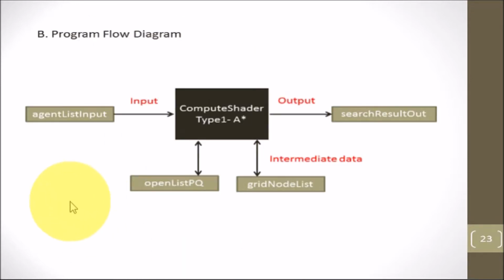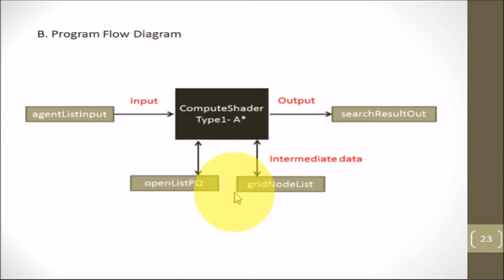So, the program flow diagram. This is how the program gets executed, and the data structures are used by the ComputeShader. This is the ComputeShader program which is executed on each thread, and the agent input list is the input, which carries the source and target data for the A star algorithm.